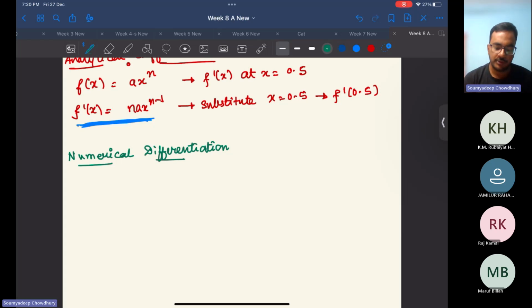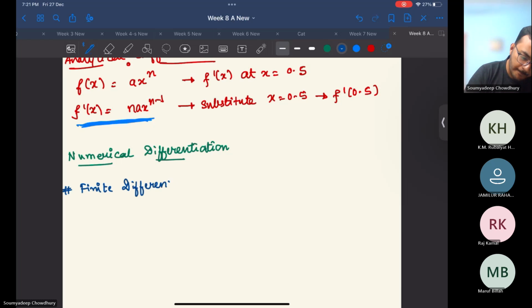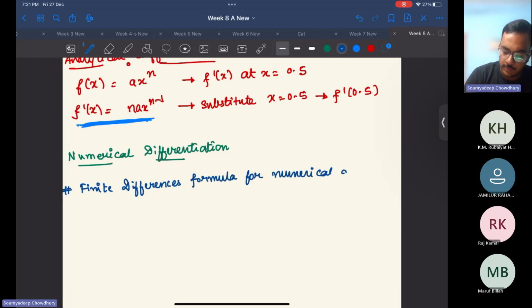So in numerical differentiation, we use the concept of finite differences. The finite differences formula for numerical differentiation.